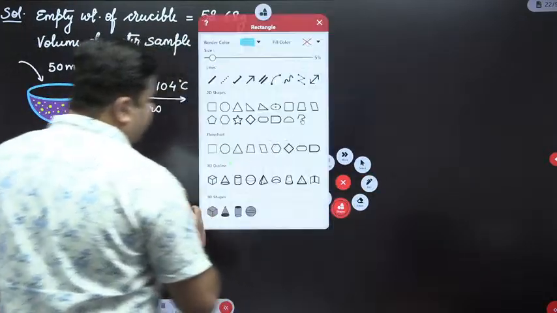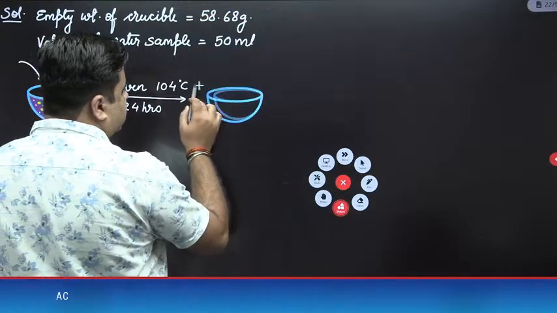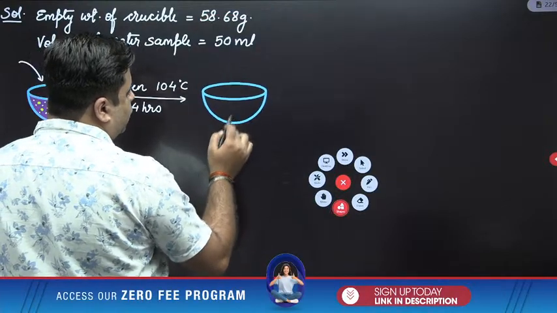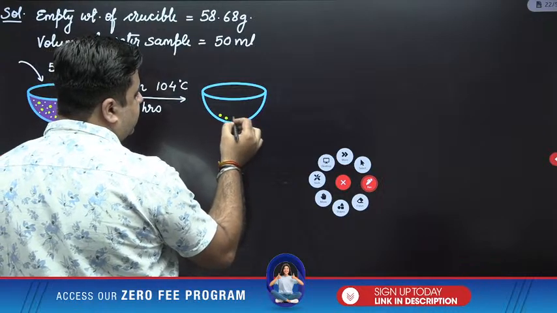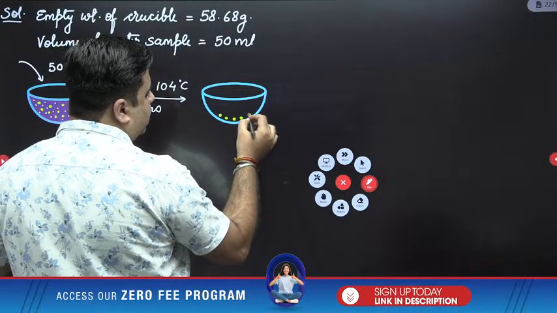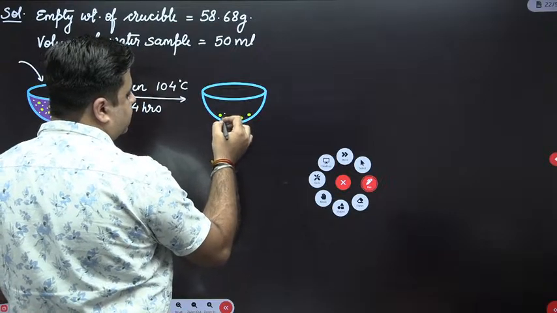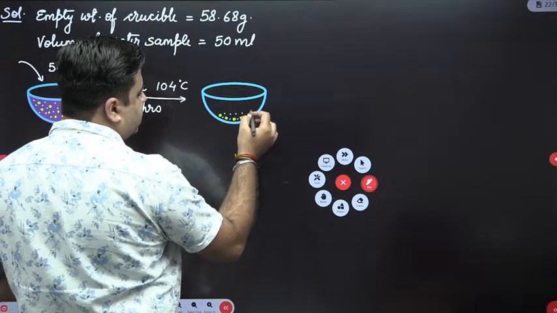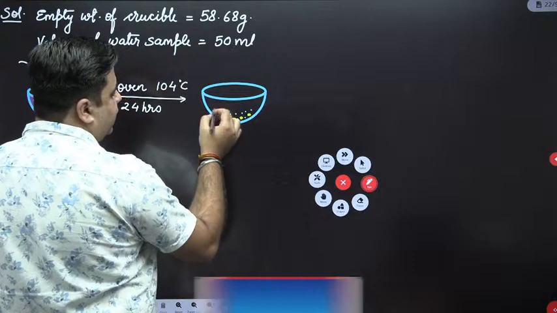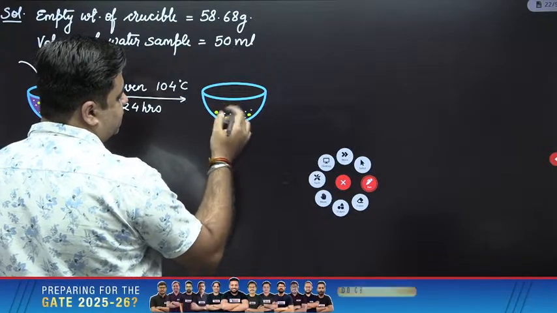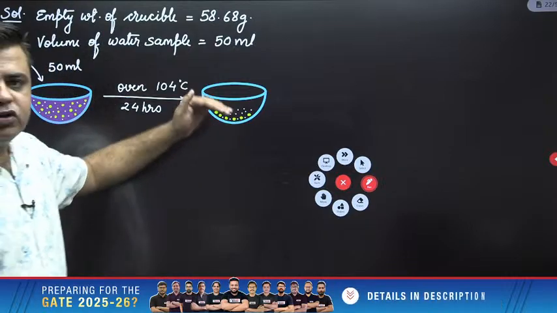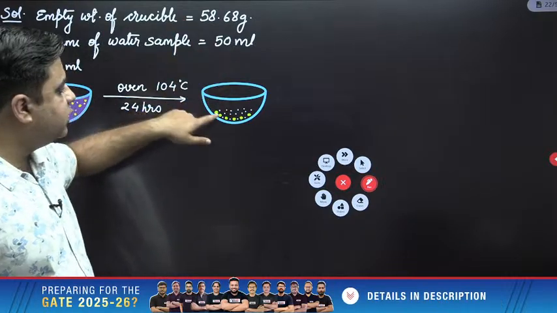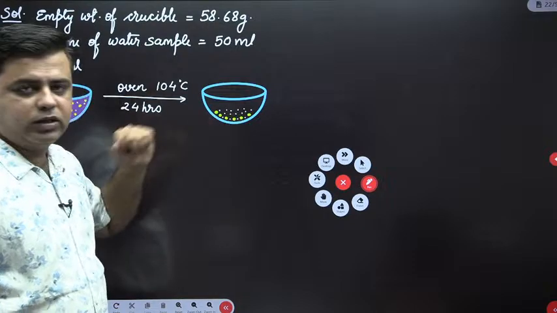So after 24 hours, when you take out this crucible, you are only left with total solids, means suspended and dissolved solids. All the water has evaporated from the system. Now this crucible only contains total solids.